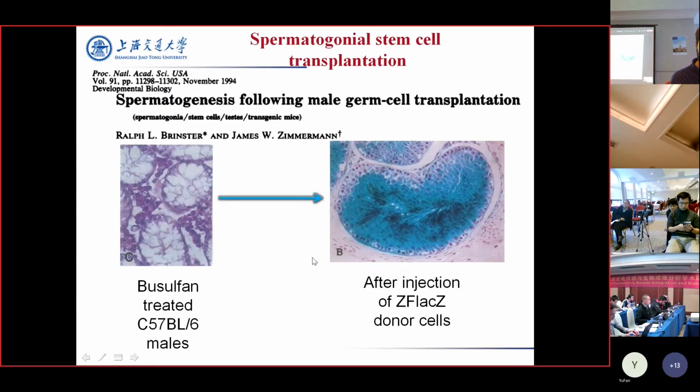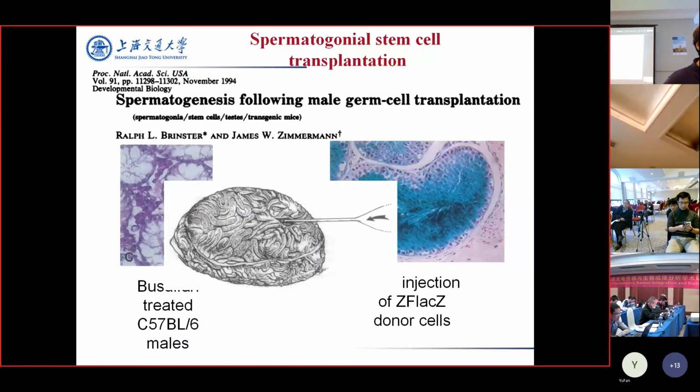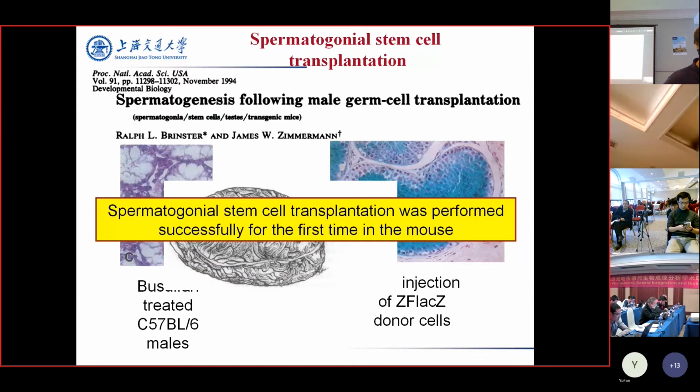Professor Princeton developed spermatogonial stem cell transplantation to the testes. Spermatogonial stem cell transplantation was performed successfully for the first time in the mouse by Professor Princeton.